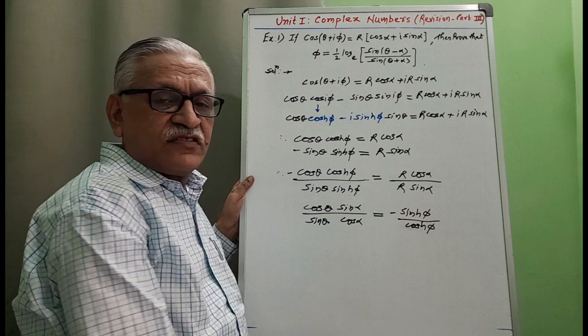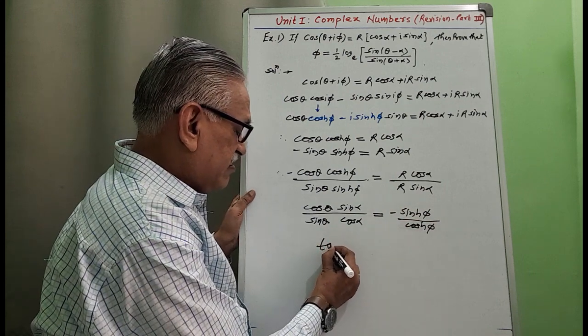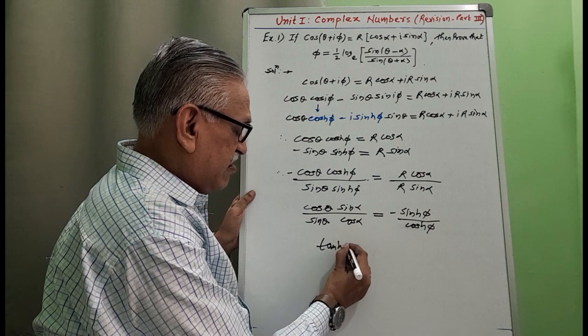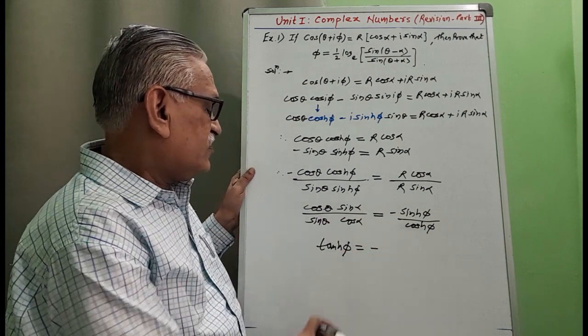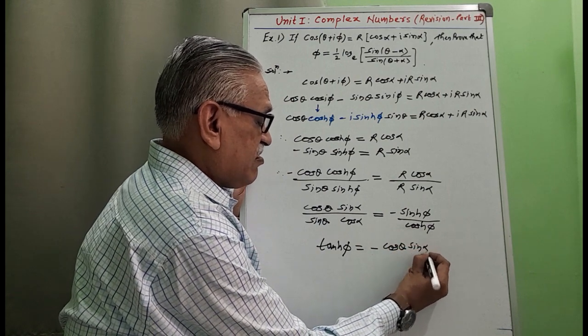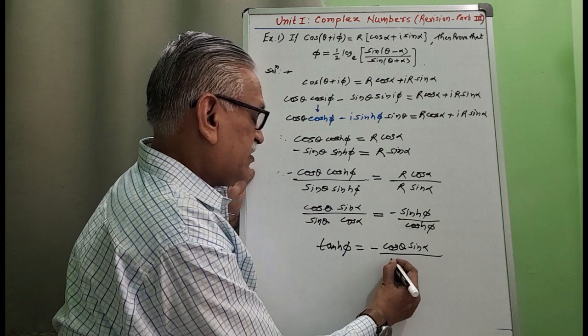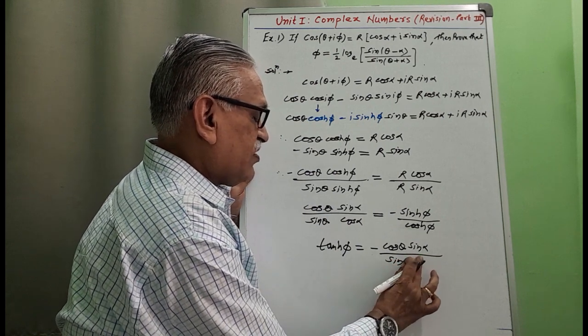Therefore, sinh phi divided by cosh phi is nothing but tanh phi, and that is equal to minus cos theta sin alpha divided by sin theta cos alpha.